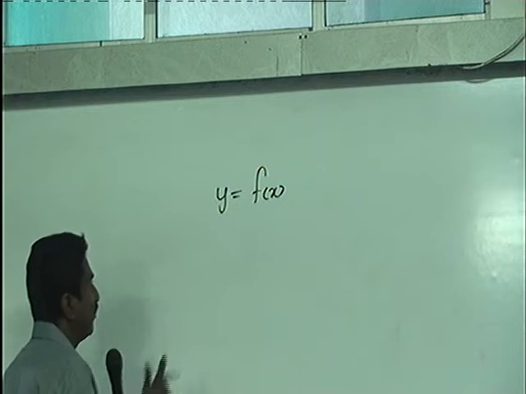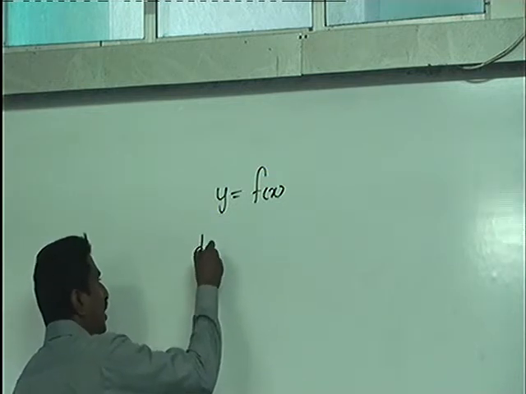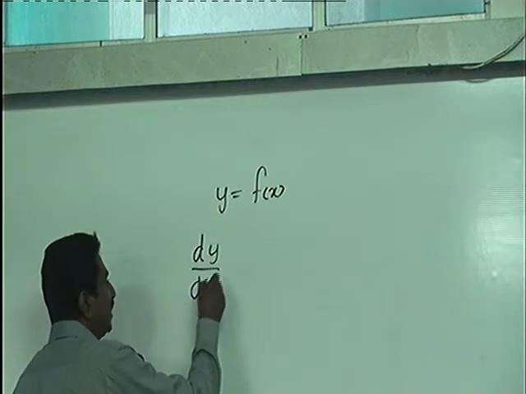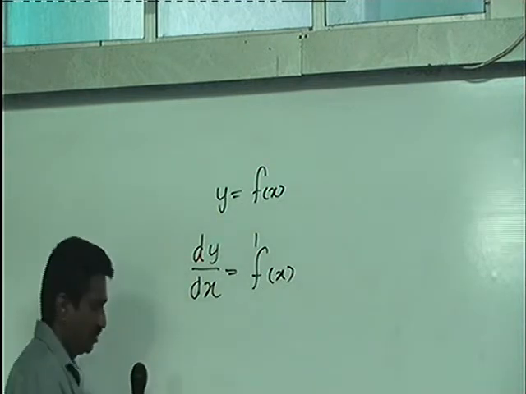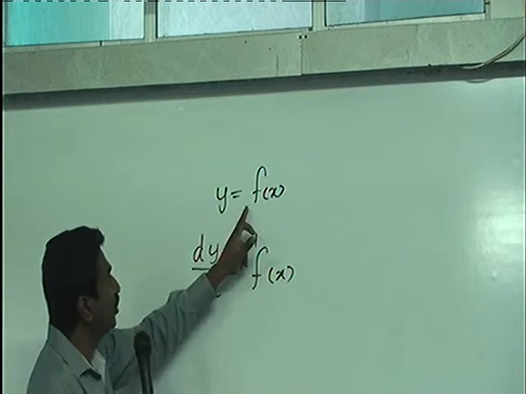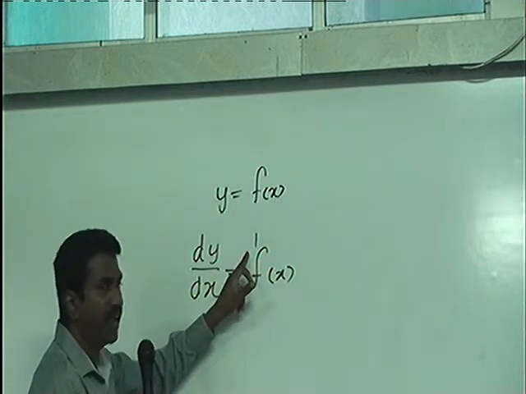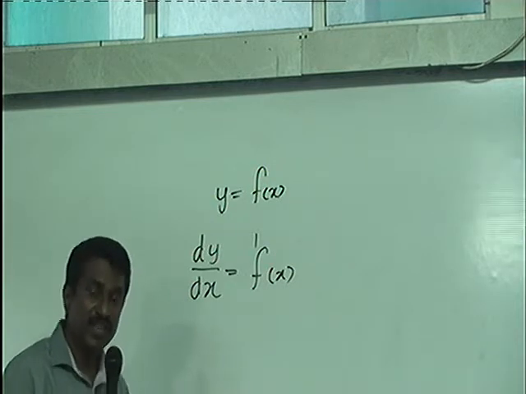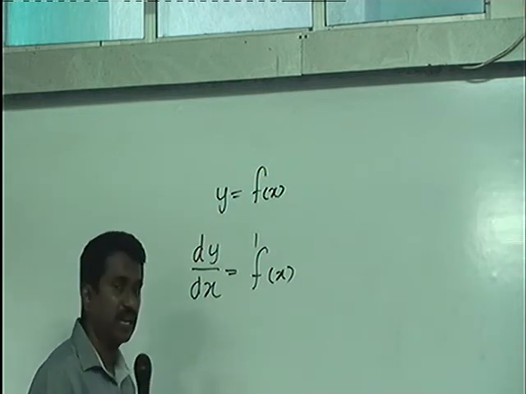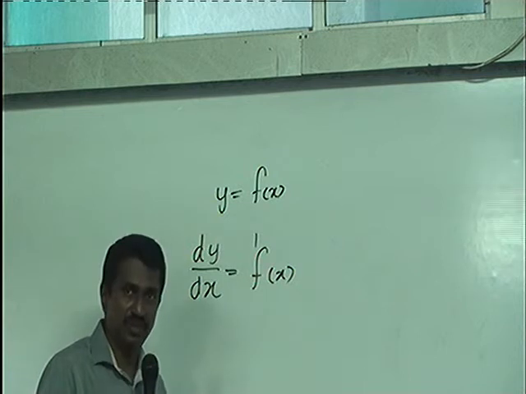So y equals f(x), then the notation dy by dx is equal to f dash x. Got the point? When you differentiate, this becomes f dash x, the notation for the differentiation. If the examiner asks you to calculate the f dash x, that means the differentiation.